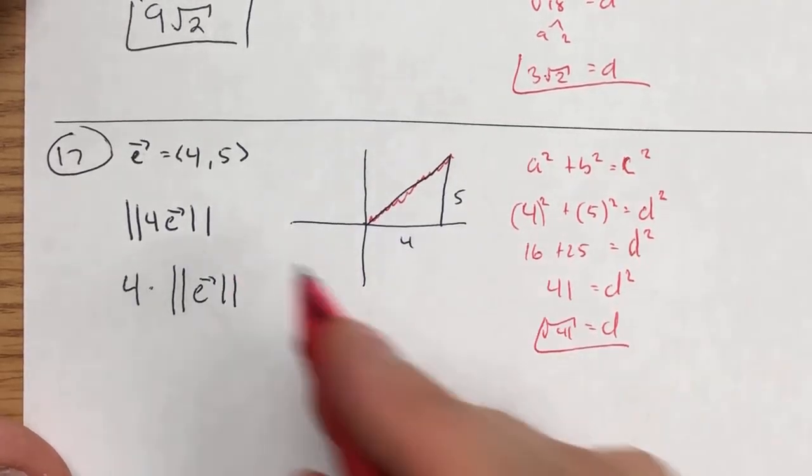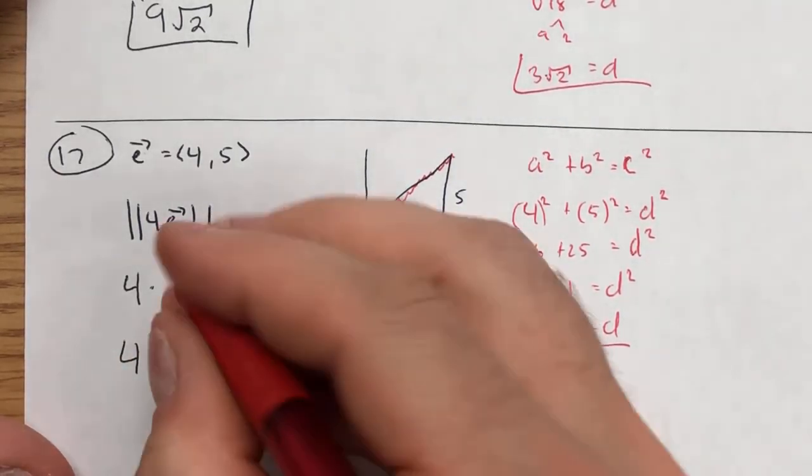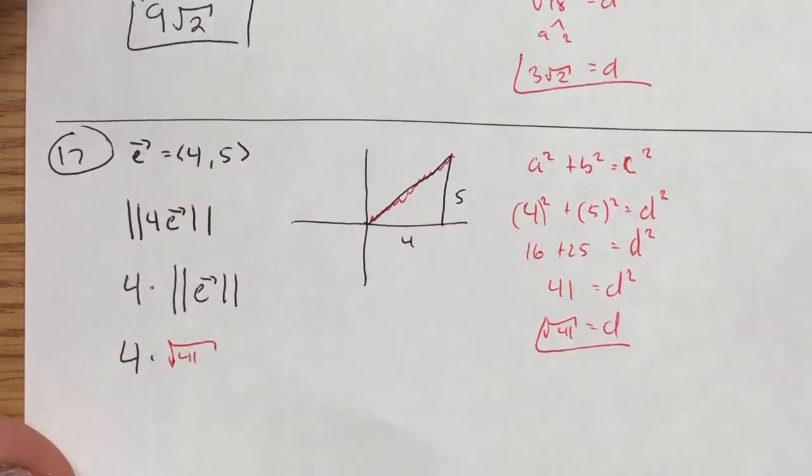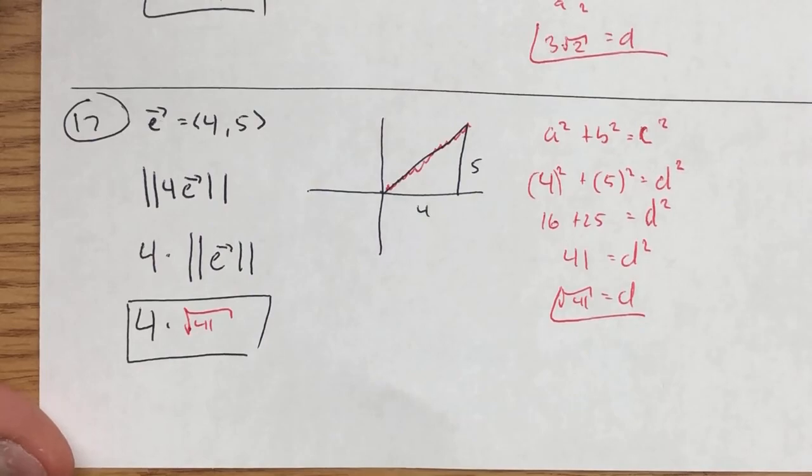So this is quite literally saying 4 times root 41. And that's it. And there we go.